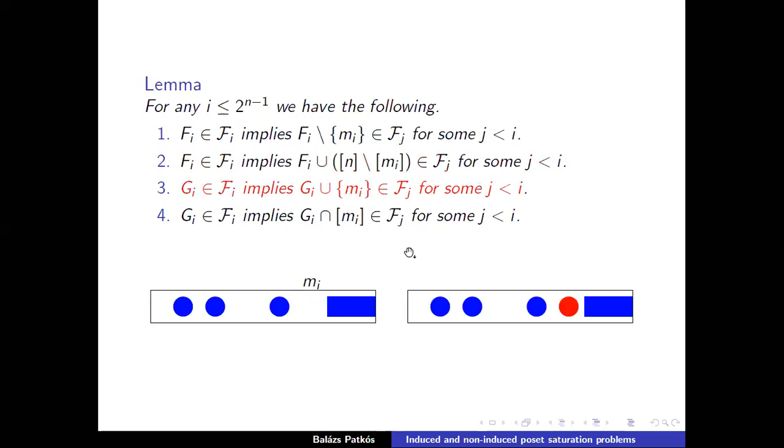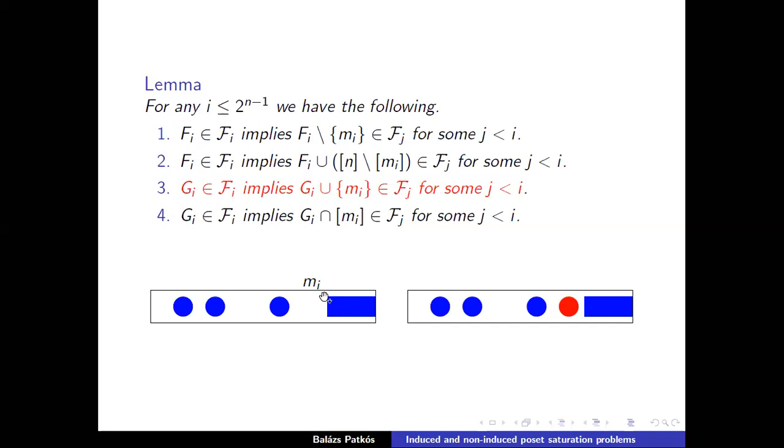Statement number 3 is now, the last two statements are about G's, that means sets that do contain the last element, n. So how do we realize which element is m sub i? Well, m sub i is the largest element of F sub i, and G sub i is the complement. So this blue set is now the complement of F sub i.